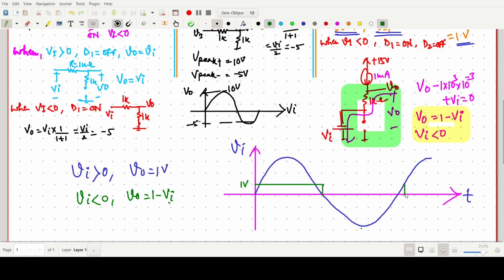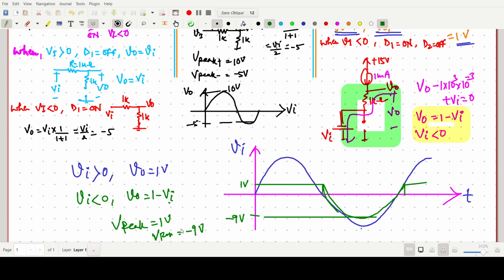And up to this. Clear this one? Here V peak will be 1 volt and V peak minus will be 9 volt, or minus 9 volt we can say.